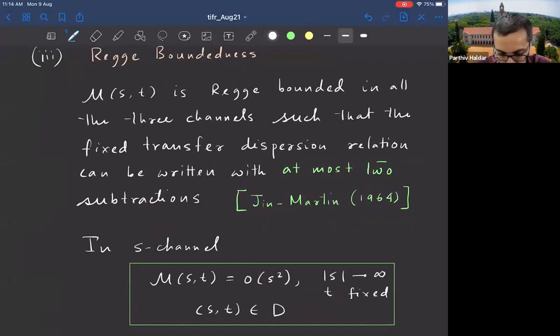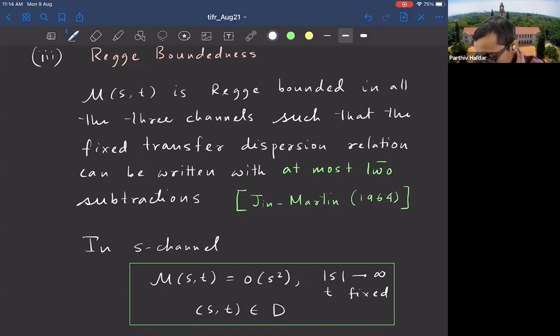Another very important part is the so-called Regge boundedness, or polynomial boundedness as it used to be called in those days. So MST is Regge bounded in all the three channels, such that the fixed transfer dispersion relation can be written in the respective channel with at most two subtractions. This was proved by Jean Martin in 1964. What it tells you is that the amplitude is small o of s square, that is, less than s square, where you keep t fixed and mod s tends to infinity.